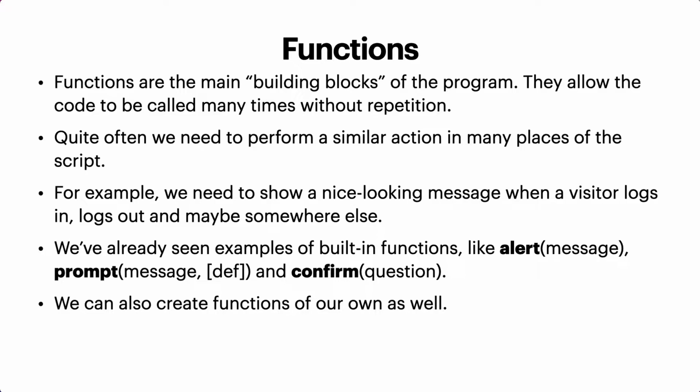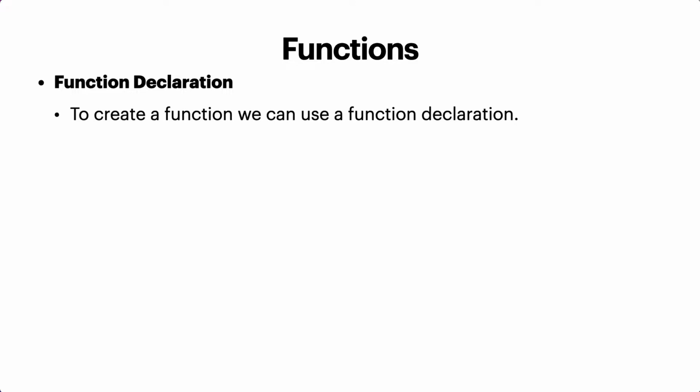We can also create functions of our own. Instead of using the built-in functions of JavaScript like alert, prompt, confirm, and many more, we can create our own functions. Function declaration: to declare, to create a function, we can use a function declaration.